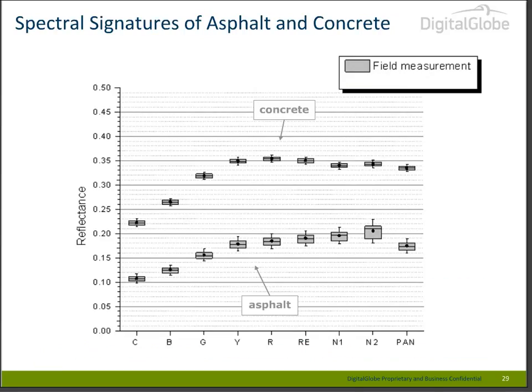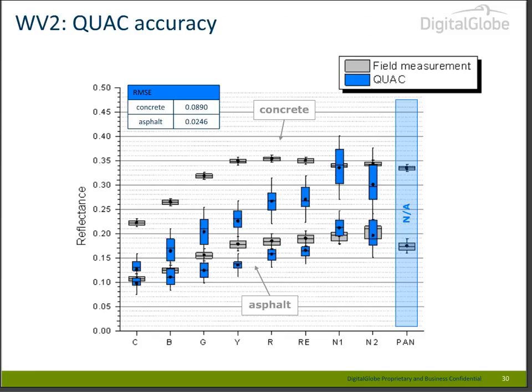This is the response of the field measurements, and you can see those box plots are the results of the different viewing angles of these 2 specific materials. This is the result using Quark. And what we can notice is that, first of all, Quark doesn't provide any information using the panchromatic band.